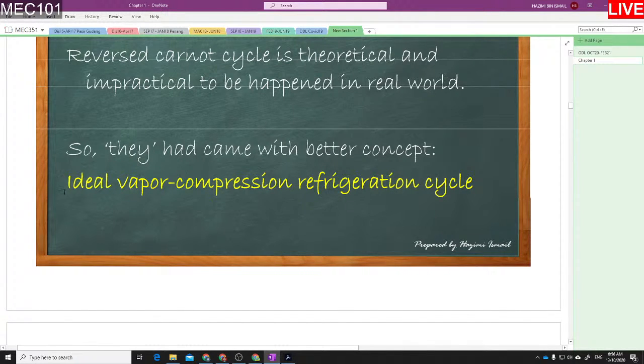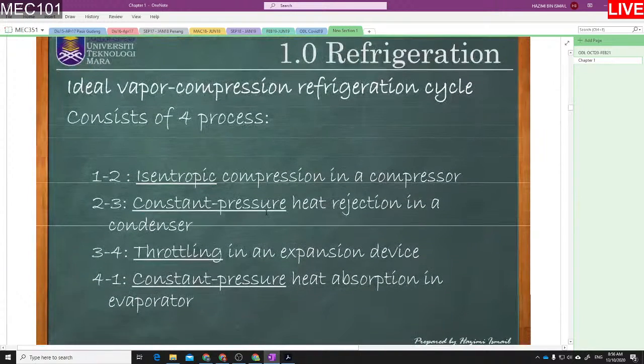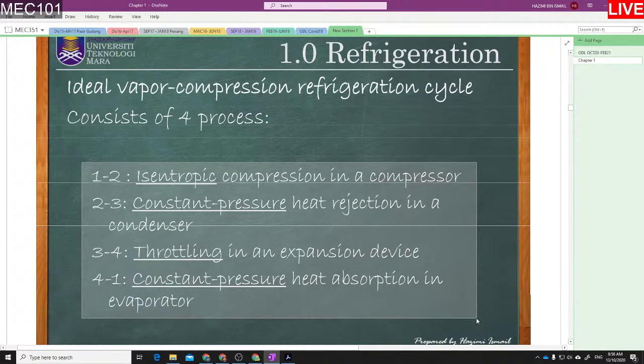Okay, so we put the term ideal in front if there are no errors and uncertainties in the system. Ideal vapor compression refrigeration cycle, quite a long name. Don't worry, because names mean nothing. What you have to know is the principle inside it.